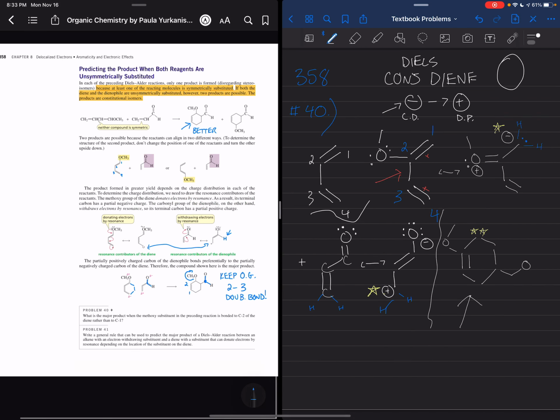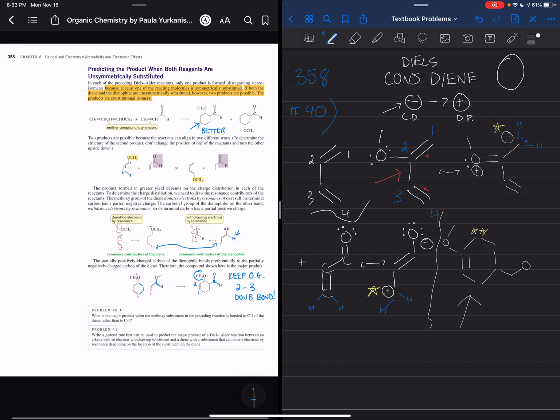This is 40 on 358. All right, Slater's up first. Close. They have a double bond on an oxygen.